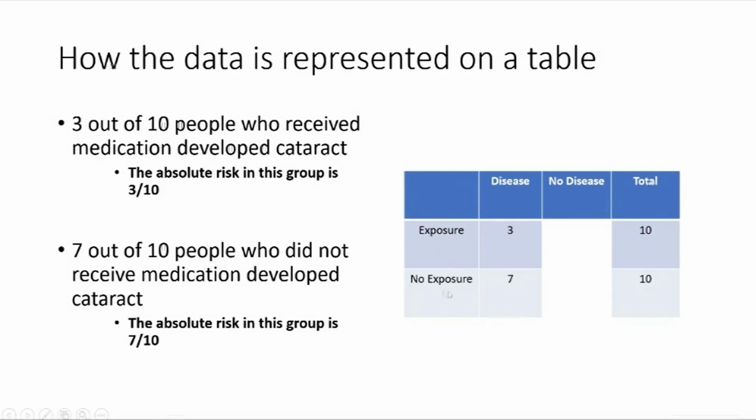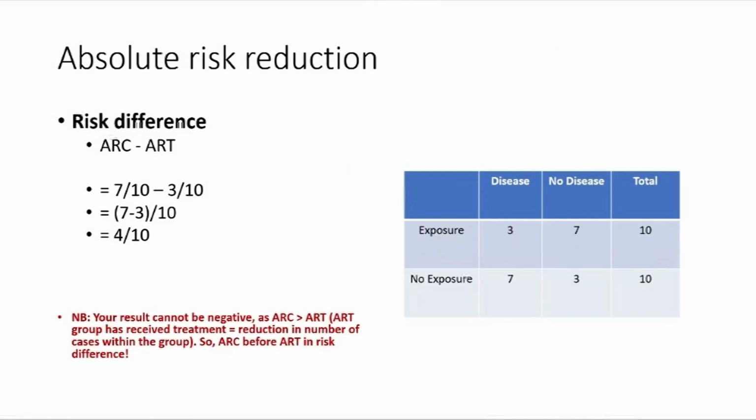Now, the no exposure group, that's the ones that received placebo or did not gain anything from the study at all, had 7 out of 10. And 3 out of 10 is what? The absolute risk for the exposure group. Whereas 7, those that came down with disease, divided by total, forms the absolute risk in the no-intervention group. Now, there is a concept of absolute risk reduction.